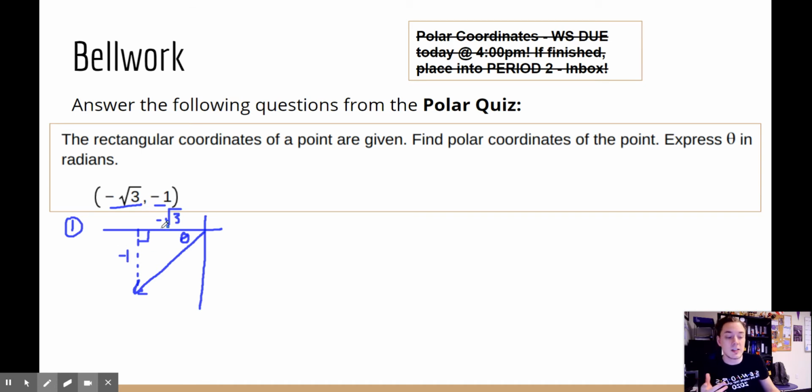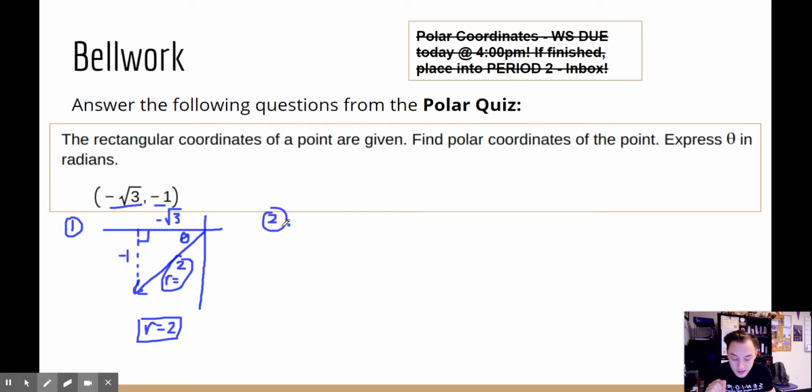Since this is a special right triangle, you should already know that this will be 2. You don't necessarily need the Pythagorean theorem on that. But 2, that is my r. So since that's a special right angle, I can say r equals 2. And I'm going to use that information to start solving for my theta measure.